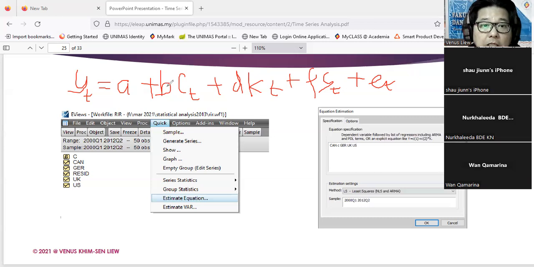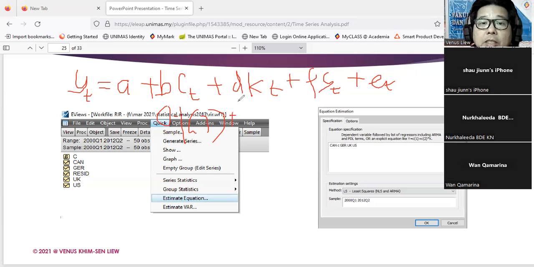So let's say this is 0.1, and this interest rate is 3. What is the impact? It will add 0.3, which is 0.1 times 3. Part of the value of this Y at t comes from here.